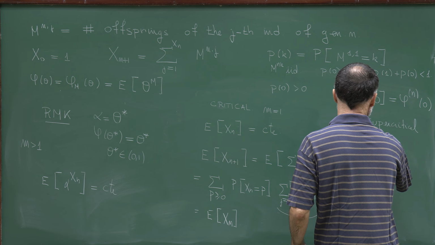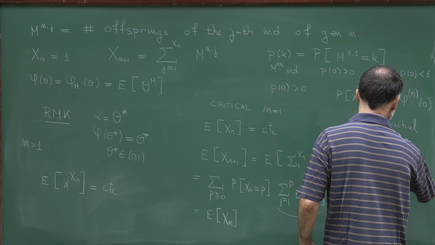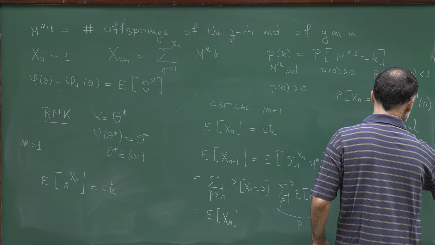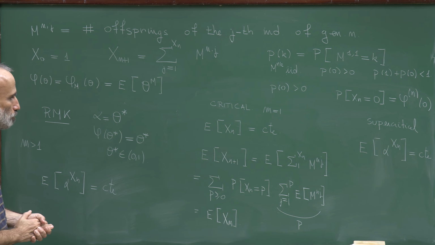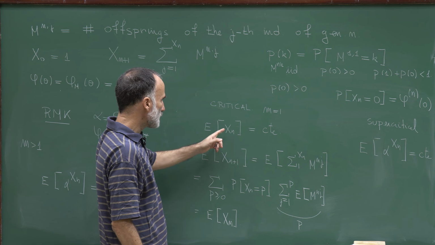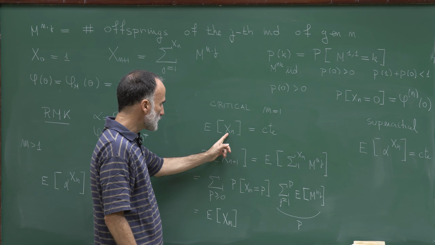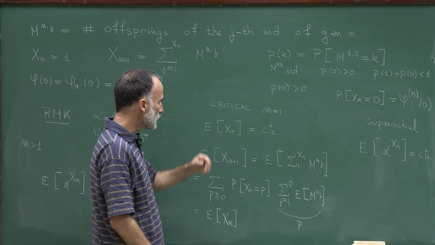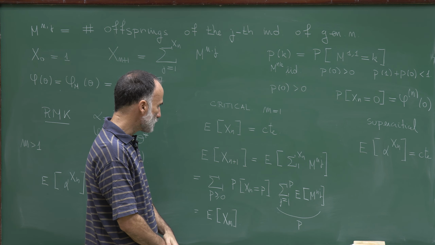the expectation of alpha to the power xn is constant. This does not change in time. Now, this might look puzzling, because on the one hand, we know that xn is disappearing with probability 1, so xn is converging to 0 with probability 1.